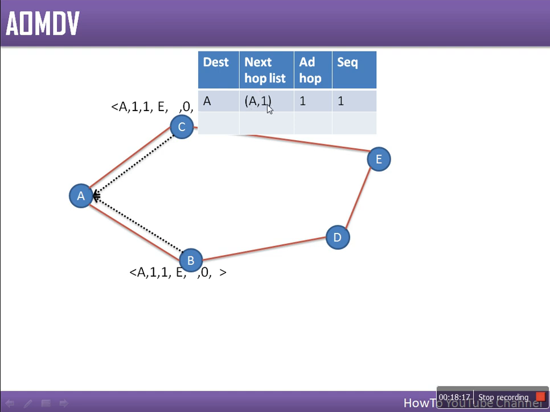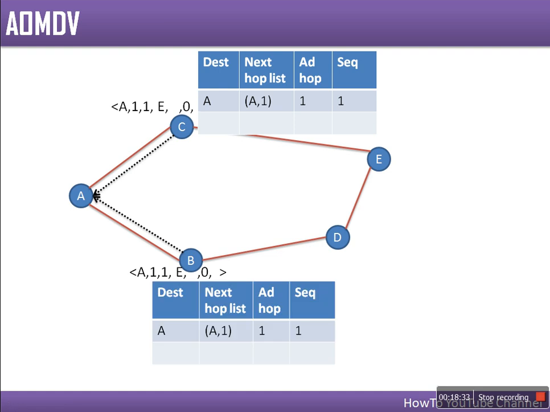And at this time only one path is available, so the advertised hop count also will be 1. And the sequence number is taken from this packet and inserted in the table. Now B also will do the same thing, it will set a reverse path and insert all entries.